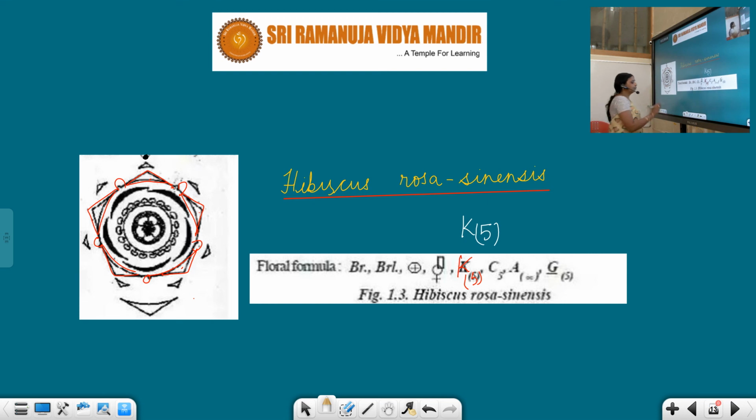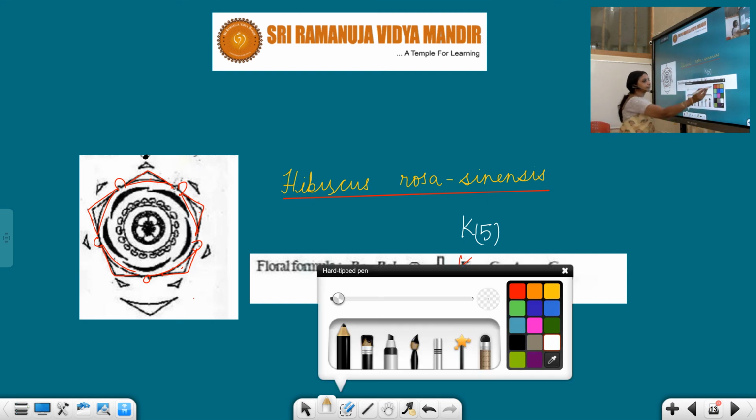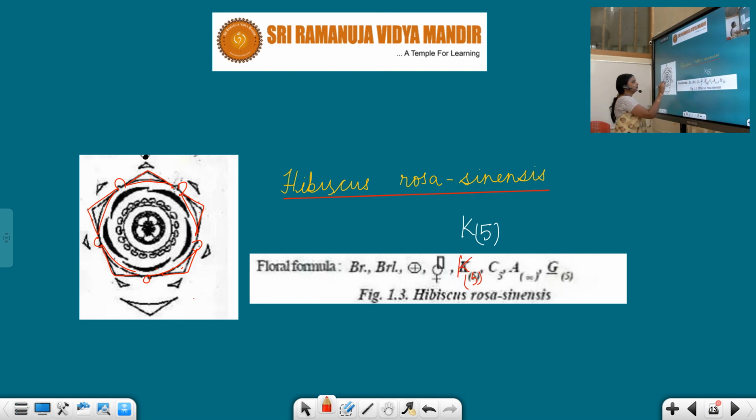And the number of corolla, you see, 1, 2, 3, 4, 5. And the estivation, twisted estivation. Here in the calyx we have seen the sepals are showing valvate estivation, whereas in the corolla, the petals are showing twisted estivation. We cannot represent estivation in the formula, but in the floral diagram we can observe the estivation.